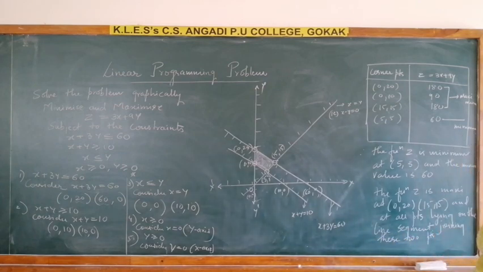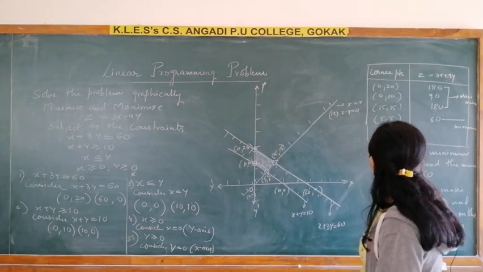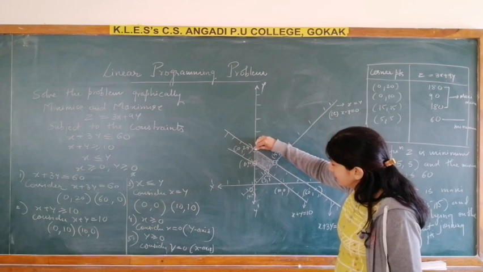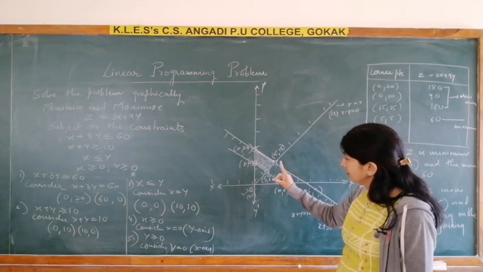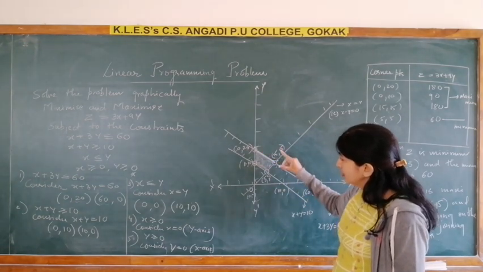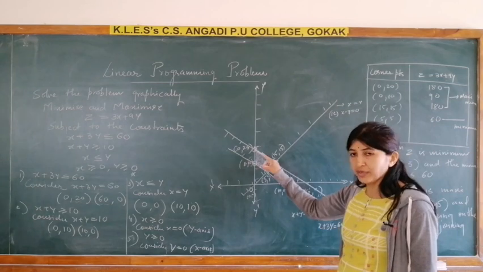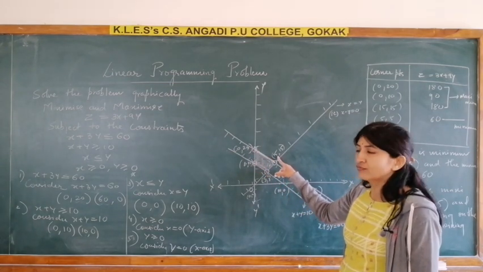Remember, where is that point? 0 comma 20 is here, and where is 15 comma 15? Here. See the graph? The function is maximum at all the points lying on the line segment joining the points 0, 20 and 15 comma 15.